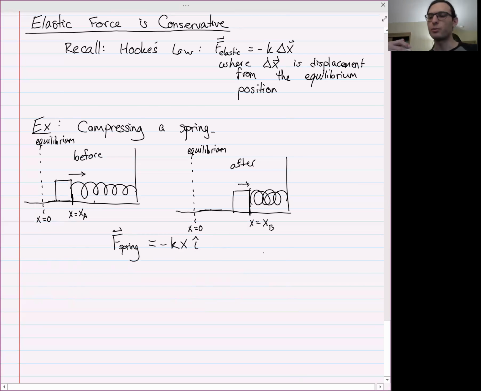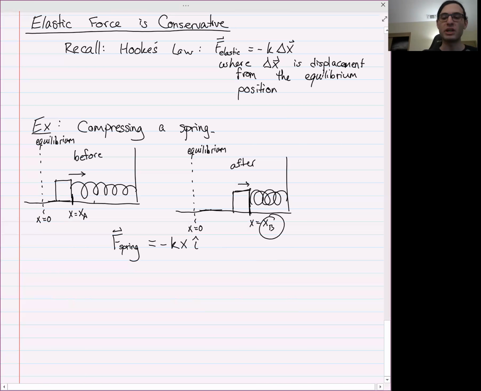One way to check this is to just think about it. Say it's at position xa. Well, xa is a positive number. So the force, when it's at position xa, would be negative k times xa. It would point to the left because xa is positive. And so we do know that the spring force does push it back towards equilibrium. As it gets further to the right, we can check again that this spring force makes sense. xb is larger than xa, and we know that the spring force should get larger as it gets more and more compressed.